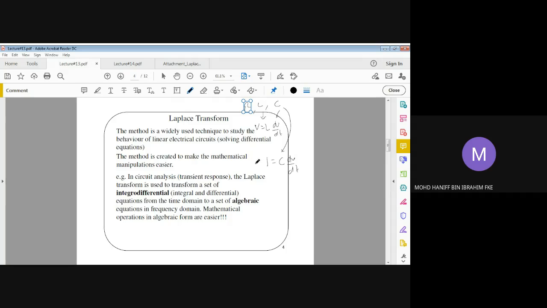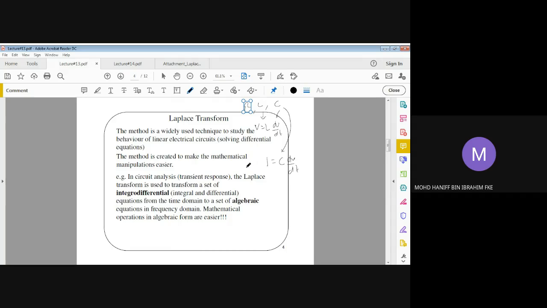Solving these equations, which involve integration and differentiation, will be a lot more difficult. It will be very complicated to solve, so we need to find a simpler or easier method to solve this problem.